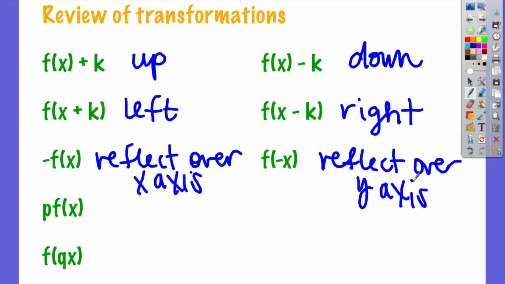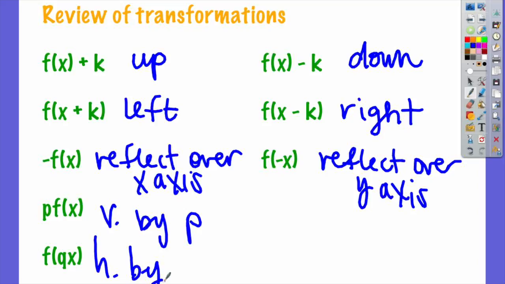When there's a number on the outside, which one was it? By a factor of what? The number. What if it's on the inside? By what?